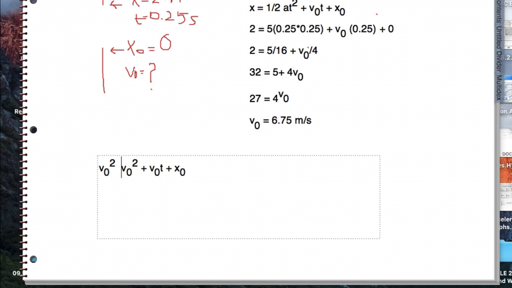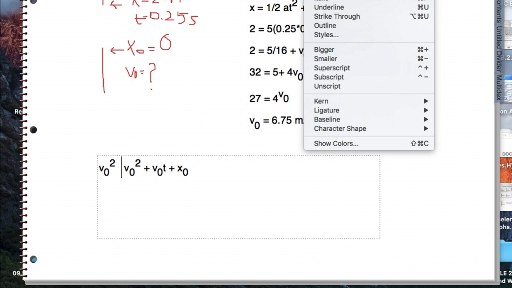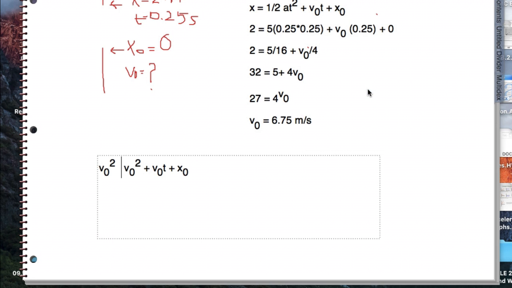V squared equals V naught squared plus 2a times x minus x naught. When I reach the very top, above however high I'm going to go, that v squared is going to be 0 because I stopped for a second.